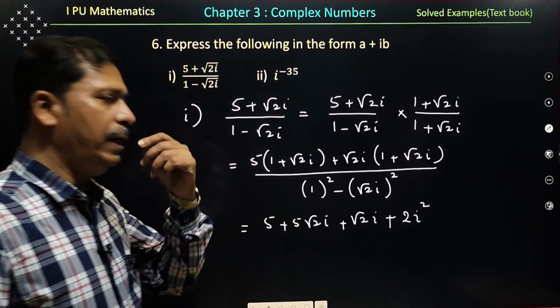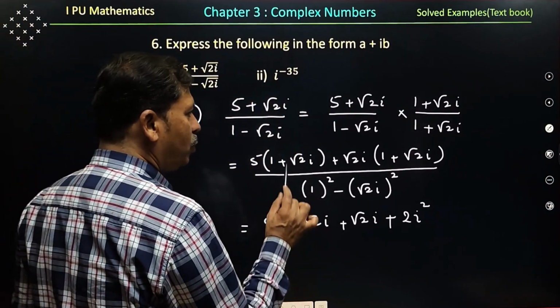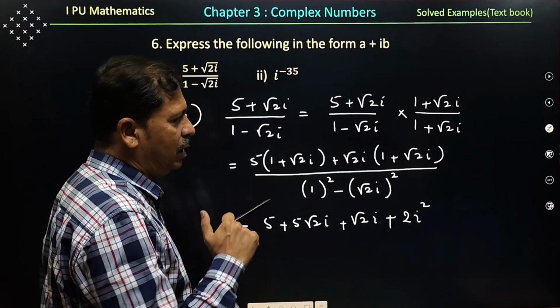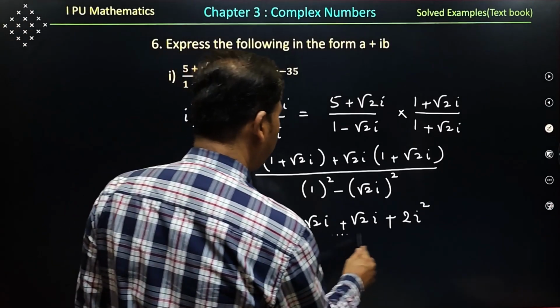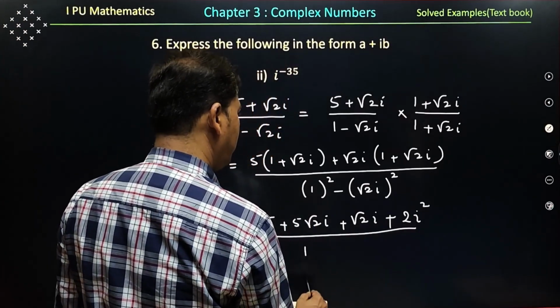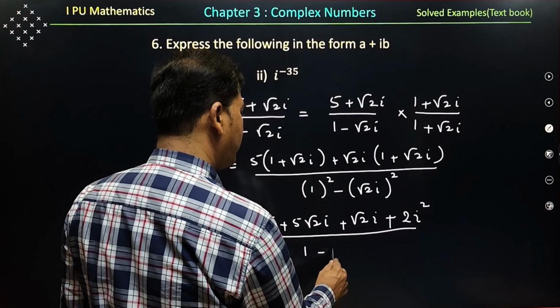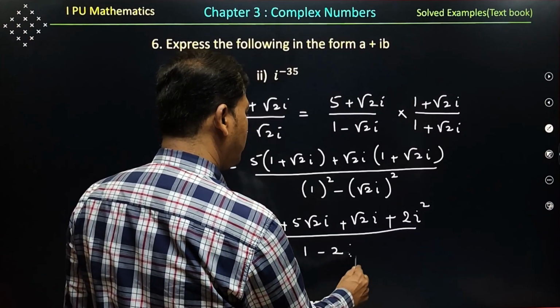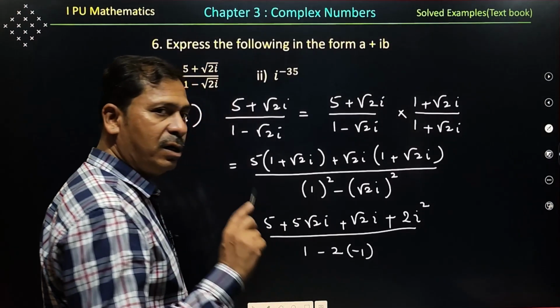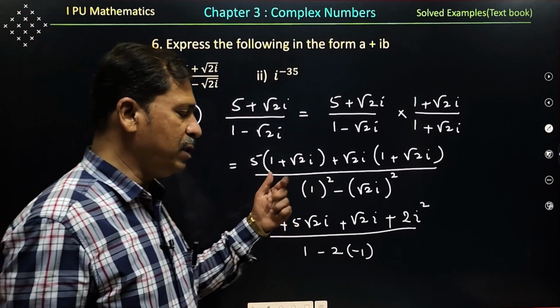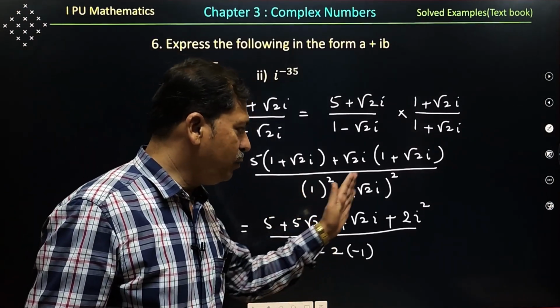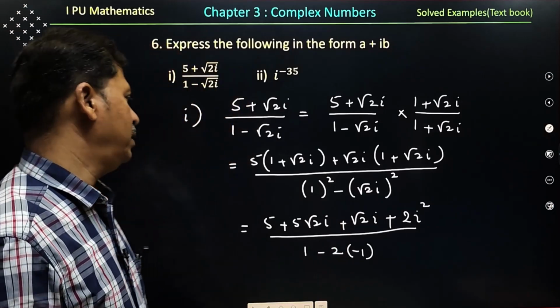Divided by 1 square is 1 only, minus √2 square is only 2, I square is -1. Directly you write I square as -1.